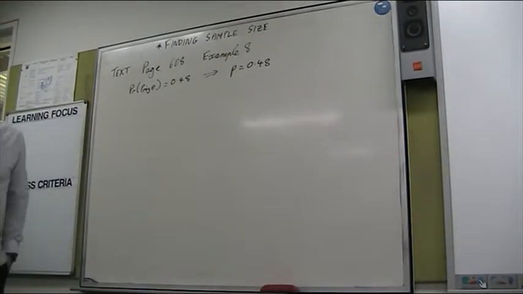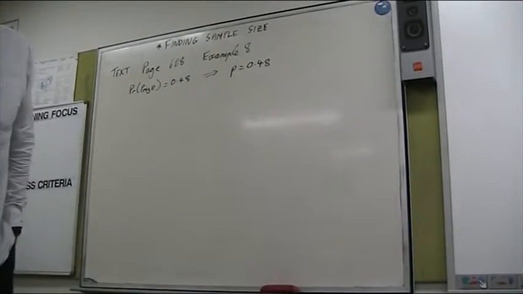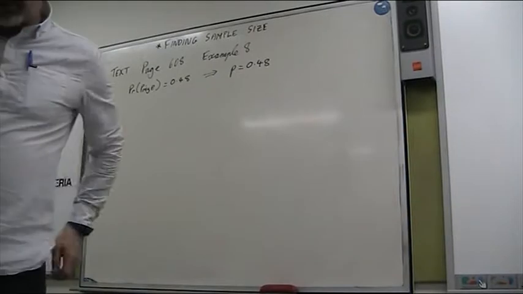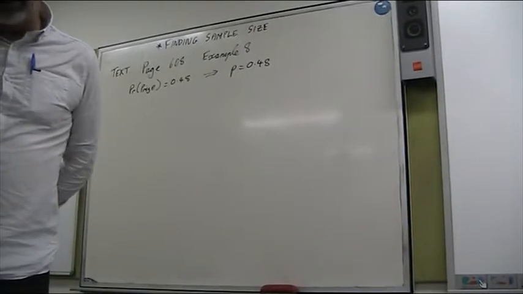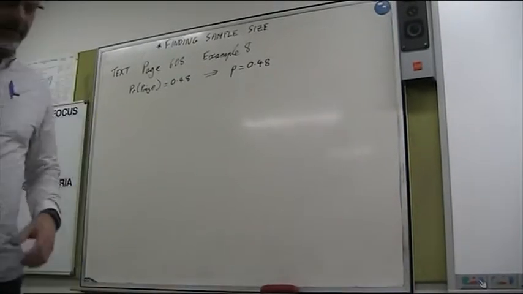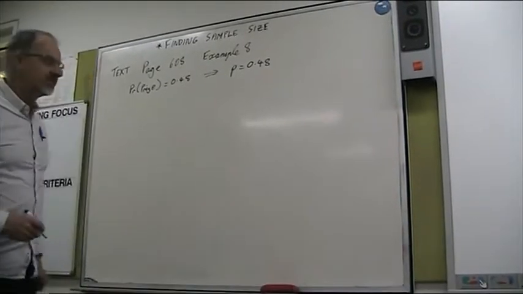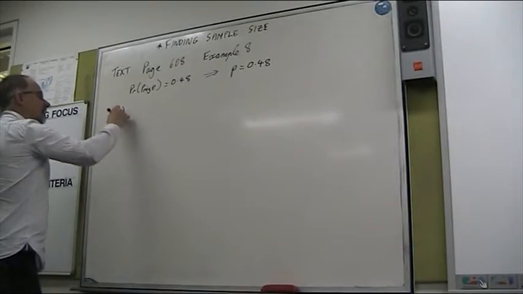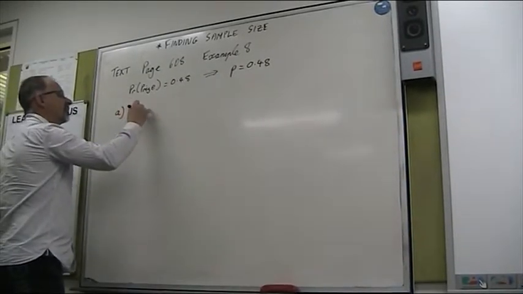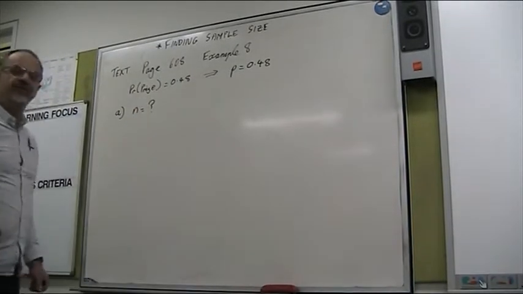So then what we're asked to do is a couple of things. So first of all, it says what is the least number of games that must be played to ensure the probability of winning at least once is more than 0.95. So let's have a look at what A is asking. A is asking what's the least number of games, so how many games have you got to play?